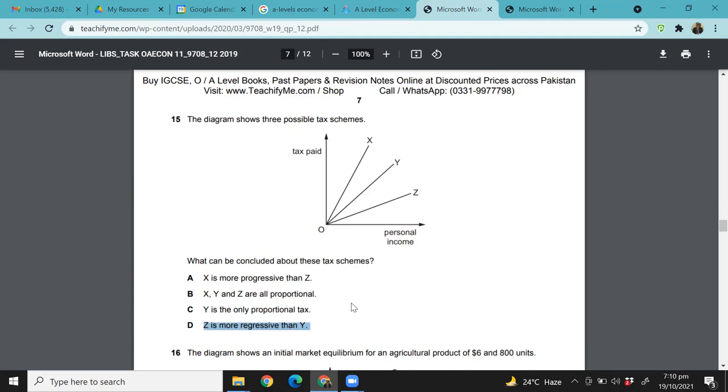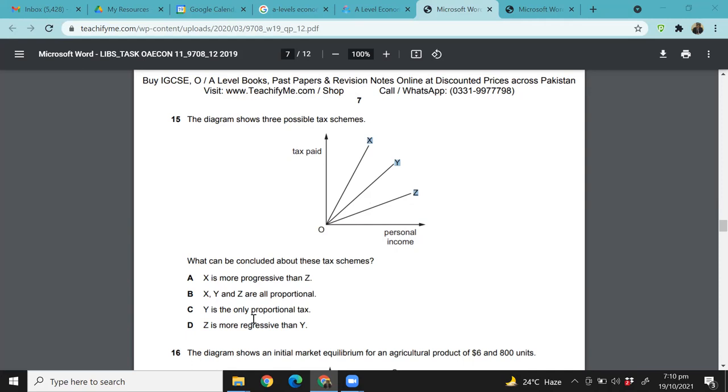The higher the personal income of a person, the higher the tax amount, right? So all three are directly proportional. Higher the income that someone is earning, higher the amount of tax that they pay. But out of these three graphs, as you can see, X is most steep, then Y, and then Z. So which option do you think is correct?